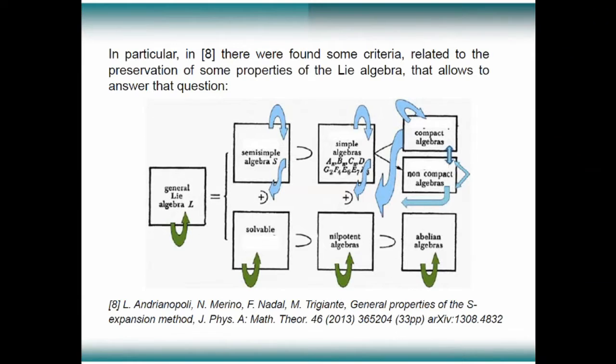Another thing that has been done, and there is work to do here too, is the preservation of some properties of the Lie algebra. The algebras also have different classifications. We have a general Lie algebra, but it can be decomposed into simple algebra, solvable algebra, and so on.